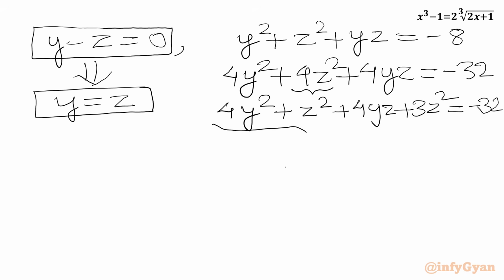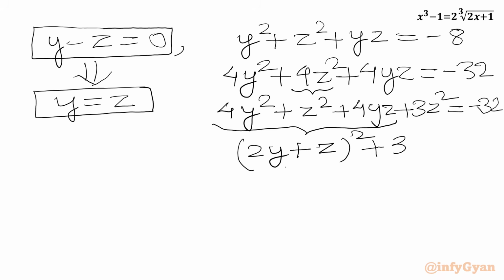From these three terms, we can write one perfect square of 2y plus z. Then we have plus 3z square, and in RHS we have minus 32.